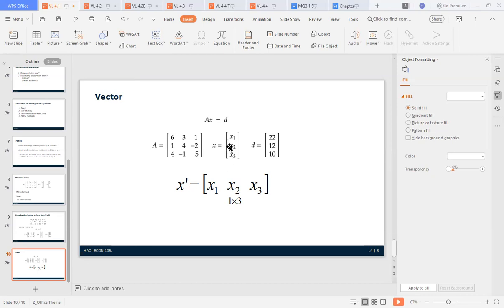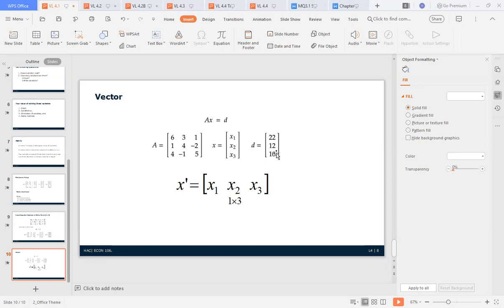Okay, so again, a column vector has a dimension with only one column. In this case, the vector of unknowns is 3 by 1, meaning there are 3 rows here and only one column. The same for the vector of constants: you have 3 rows and 1 column. So one thing to remember about a vector is that it's either a column vector or a row vector.